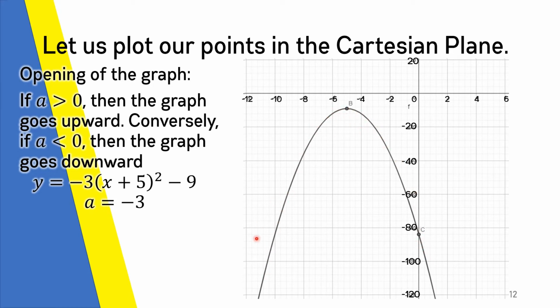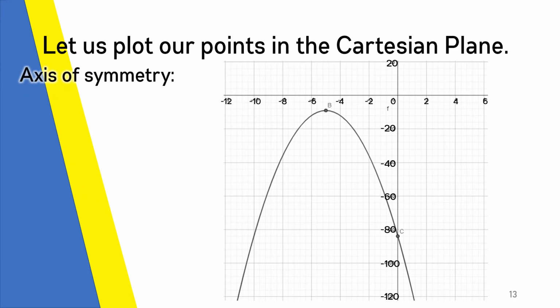And as you notice, this graph doesn't touch the x-axis, showing that our statement is correct. There will be no x-intercepts in the function, and then it intersects right here. It's roughly negative 84. So here's our function.